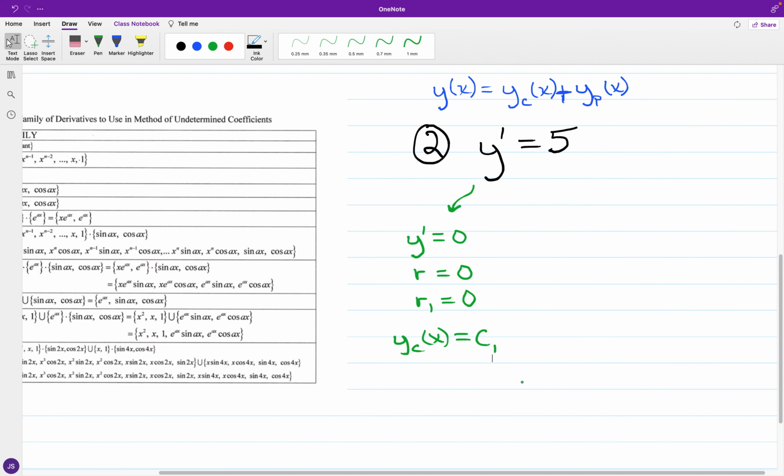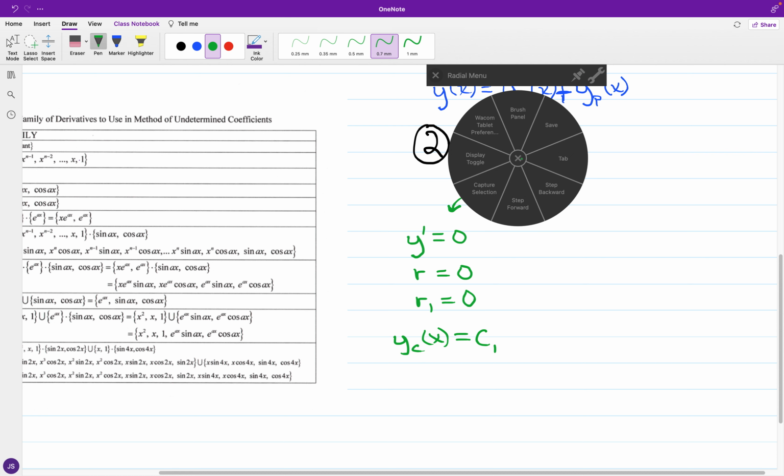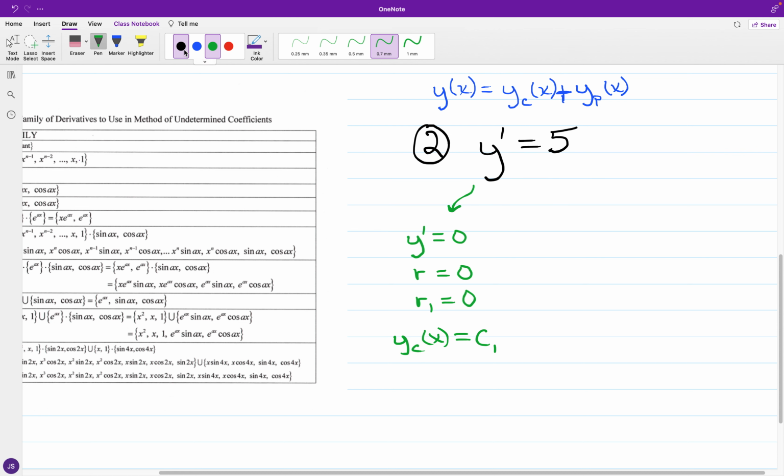And for the terms of which we have y prime set equal, well, this is a constant. And for the number 5, well guess what? You got the number 5, and 5 is already a constant.